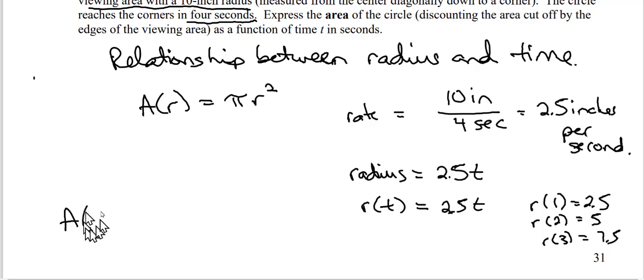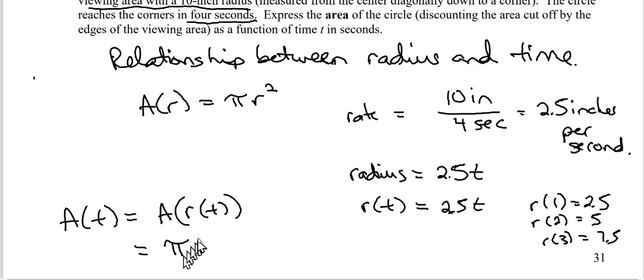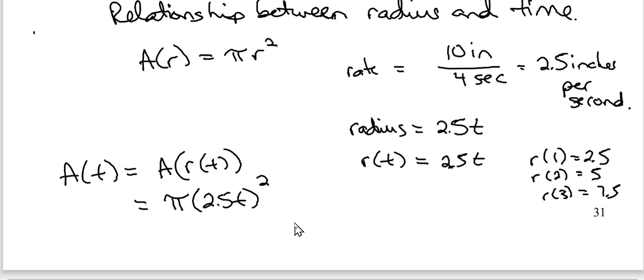If I want A of t, instead of A of r, I need to do A of r of t. So that's this composition idea. In place of r, I'm going to put this 2.5 t inches, that's the radius.